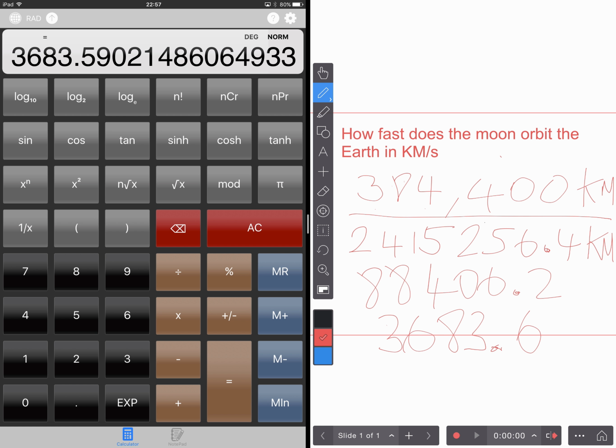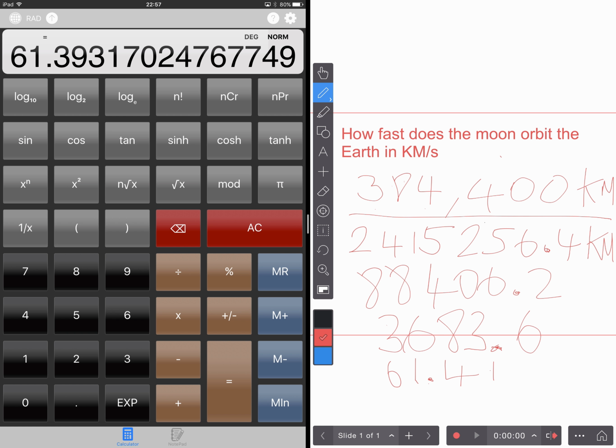Now we need to work out the second. I'm going to divide this result by 60, and that tells me that in a minute it goes 61.4 kilometers.